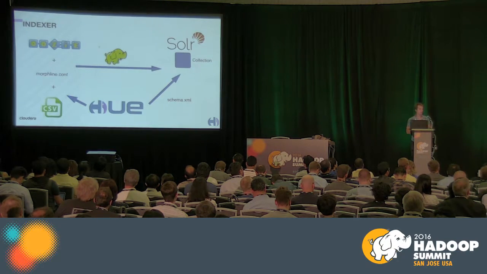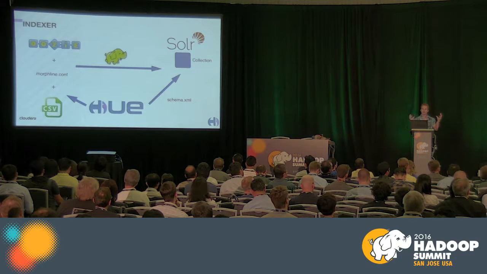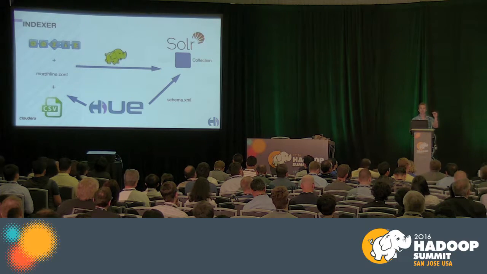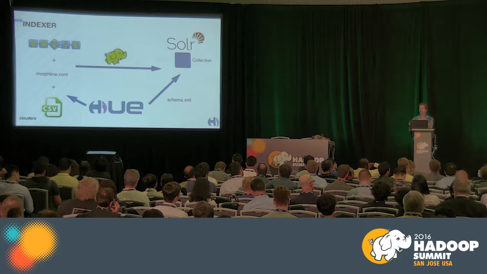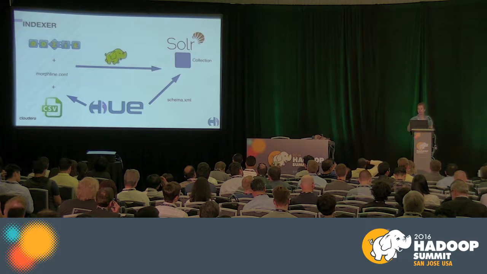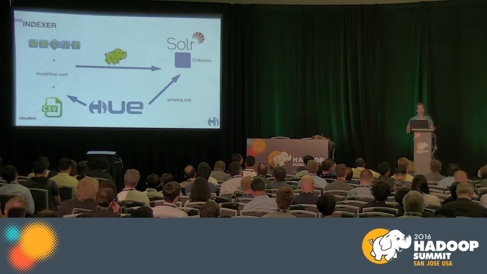Solr search is a bit more complex, but more powerful. If you give a big CSV of data, Hue can guess the types of each field, then create a Solr collection, which is the equivalent of a table, but that's a Solr term. Then we'll use Morphline to generate a MapReduce job that will index the data.